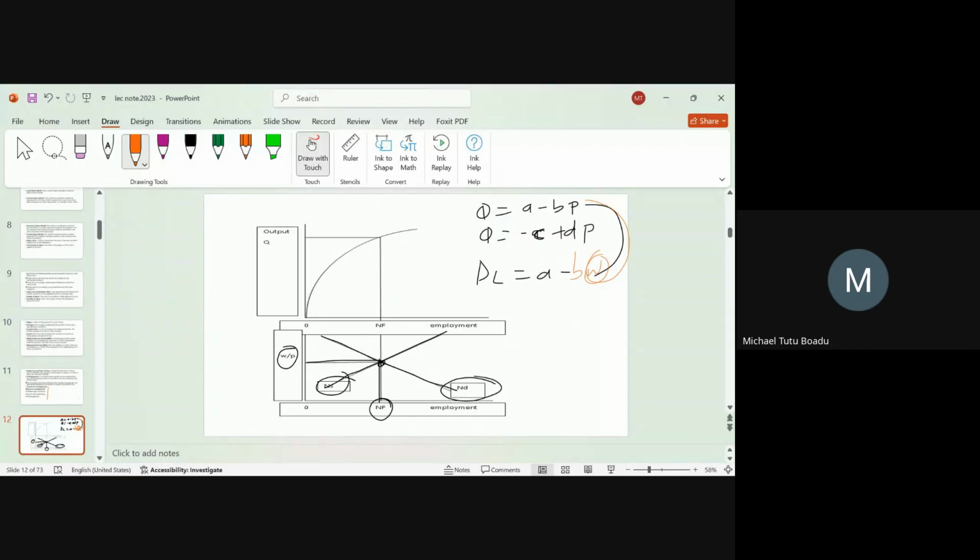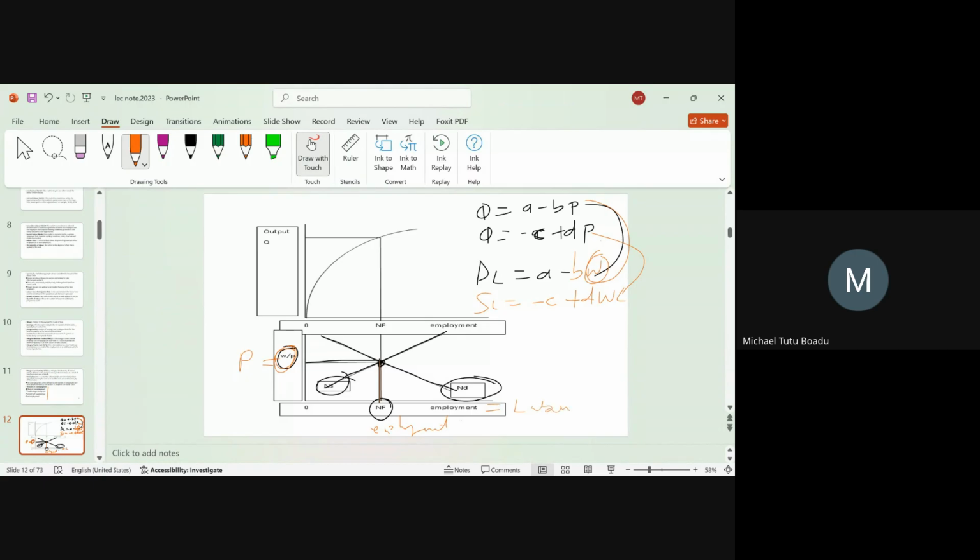Then supply of labor is minus C plus DW. You remember when you find equilibrium price and quantity, you have equilibrium price here. Now it is rather wage. And this is your equilibrium quantity, and we are calling that employment. So demand for labor or employment.